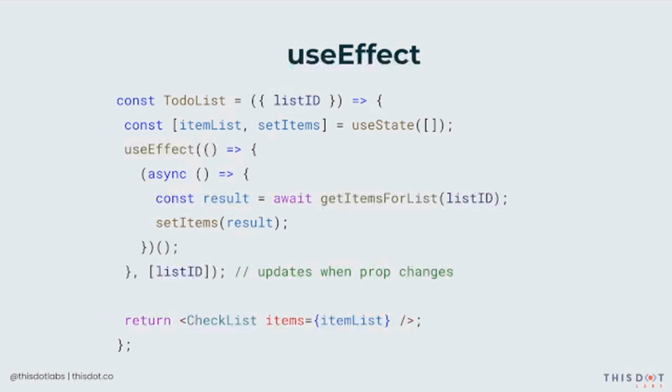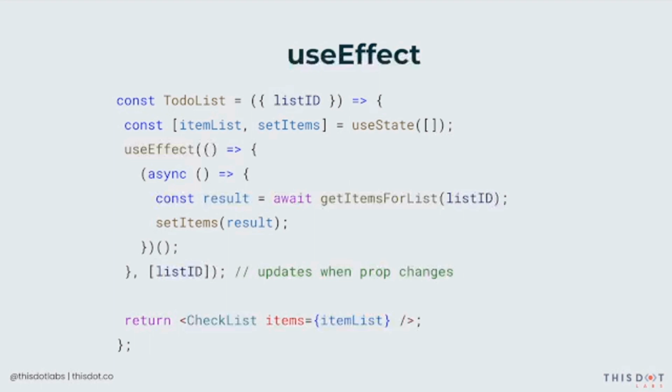The second part I want to talk about is our array argument. That is the second argument of useEffect. In this case, it has the list ID in there, so our prop. And that tells React that it only needs to do the effect again whenever anything in that array changes.